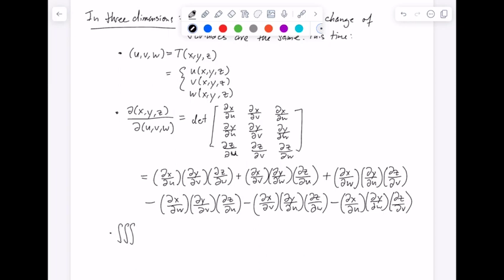So having the equation now for the Jacobian, we can now write down what the full change of variable formula ought to be. And this is extremely similar to the 1 and 2 variable cases.